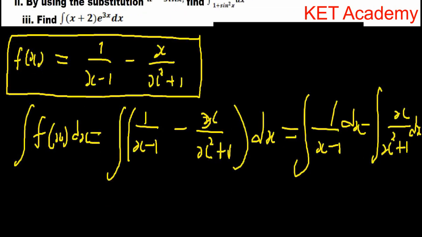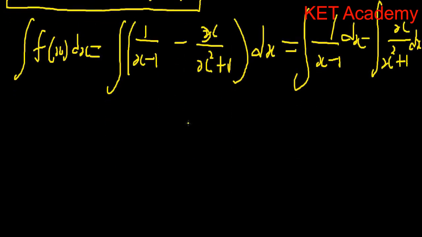So we are going to break it down. The first one is the integral of 1 divided by x minus 1 dx. Now to integrate this, we see that if we differentiate the denominator, x minus 1, we are going to get 1.